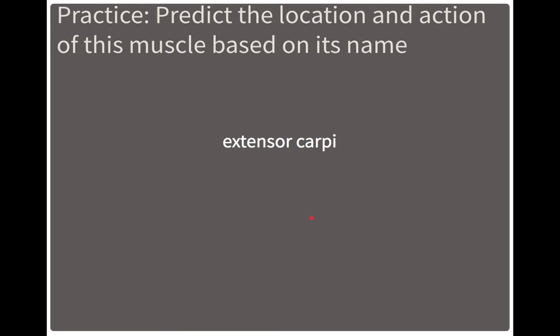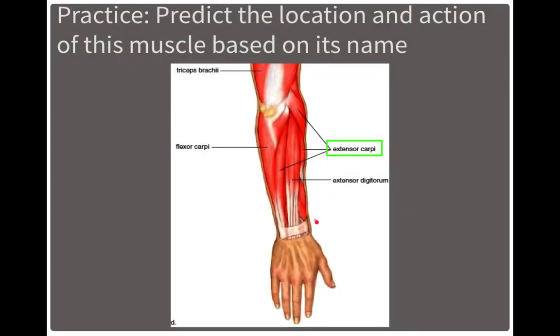Next, the extensor carpi. Where would you expect to find those? And they would be on the posterior side of your lower arm. So the flexor carpi would be on the anterior side, the extensor carpi would be on the posterior side.